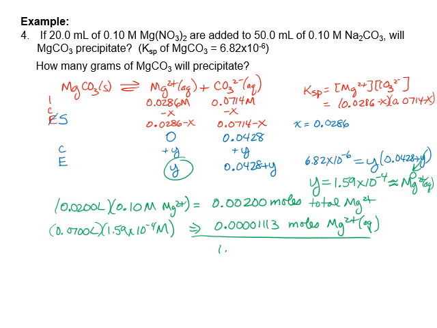Subtracting these, we get 1.989 times 10 to the minus 3 moles that will be as magnesium carbonate.